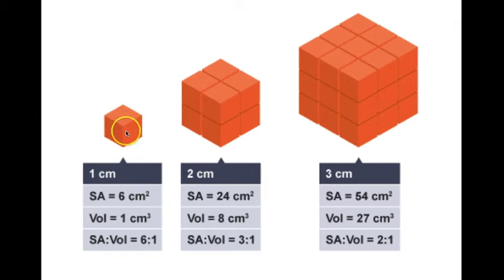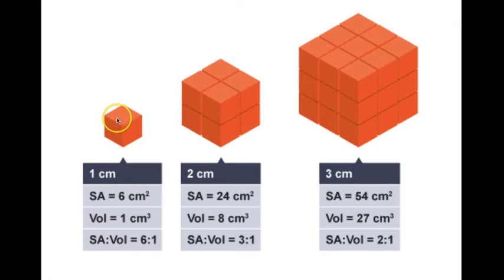This little cube, for example, has a surface area of 6 centimeters squared because it's got 6 sides, but its volume is 1 centimeter cubed. This cube right here has a surface area of 54 centimeters squared. You can actually count the squares for yourself if you want to, but its volume is 27 centimeters cubed.